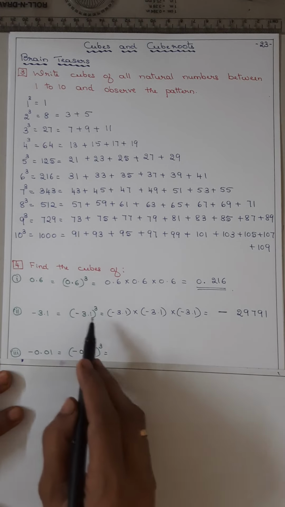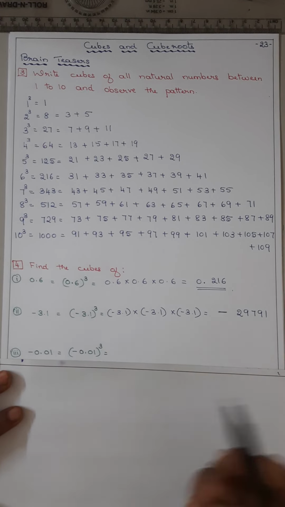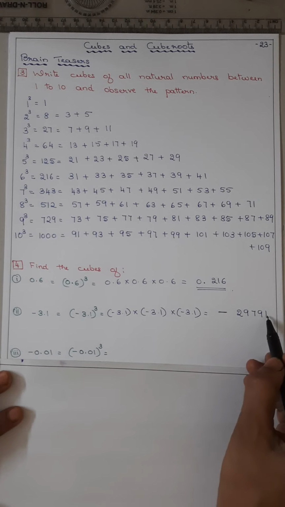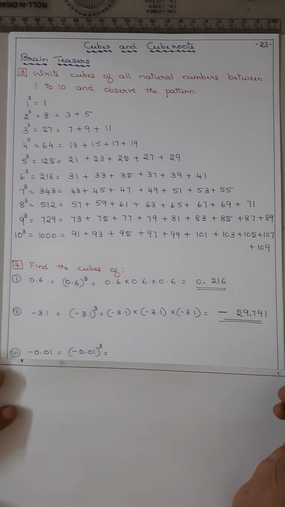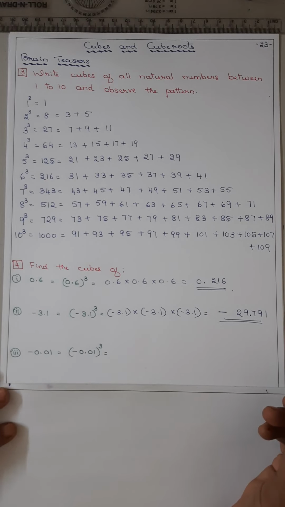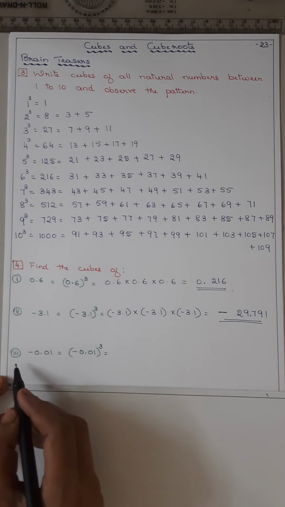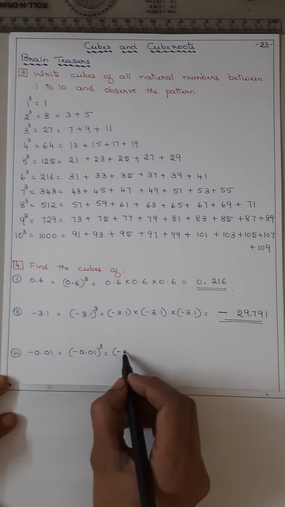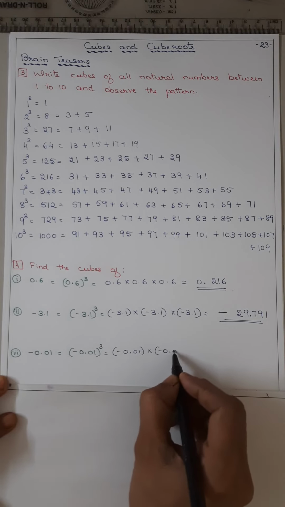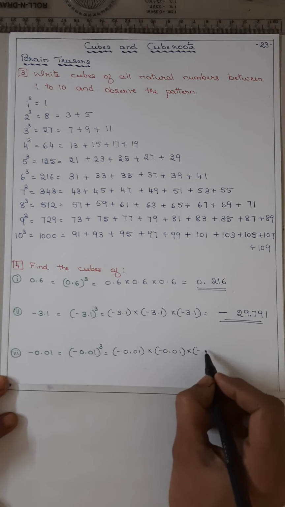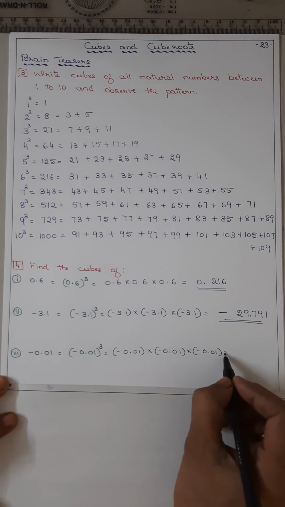One decimal place, so the cube will have 3 decimal places: 1, 2, 3. So the answer is minus 29.791.